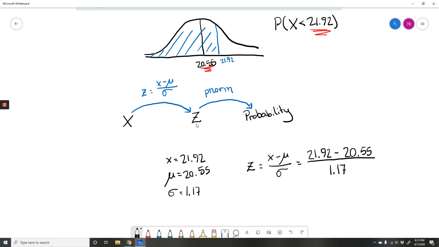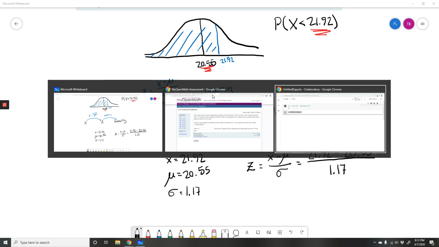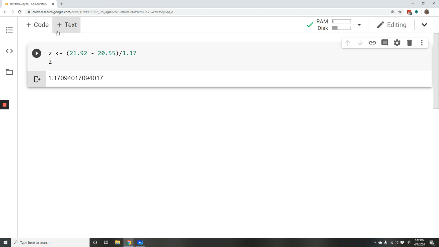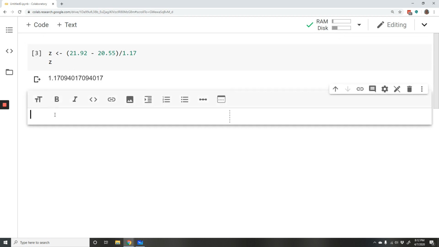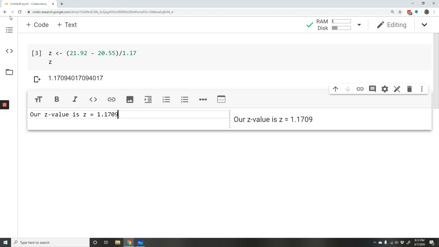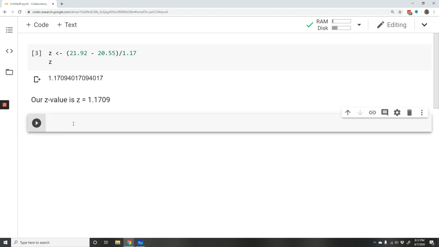Now that we have that value, we can find the probability using the pnorm function, okay? So our Z value is Z equals 1.1709. And now let's use our pnorm function to plug that in.